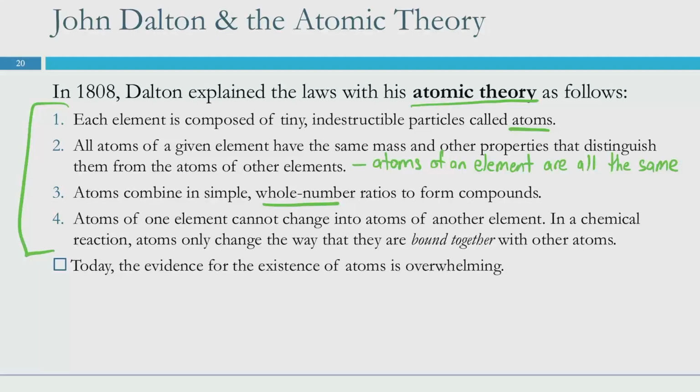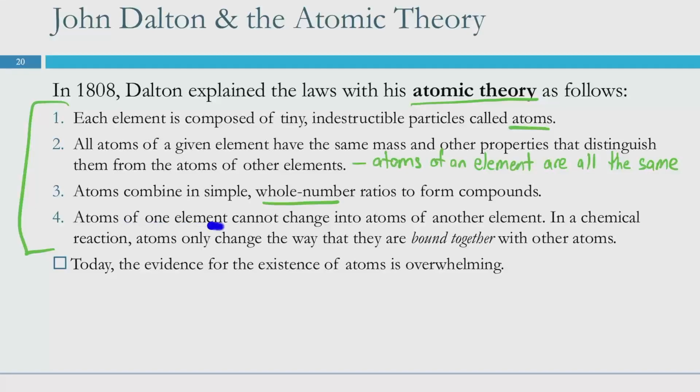We can magically turn all of this useless lead into gold and then sell it and profit. You can't do that, or at least not in Dalton's atomic theory. We can't turn lead into gold. We can't do that with any of our other things.